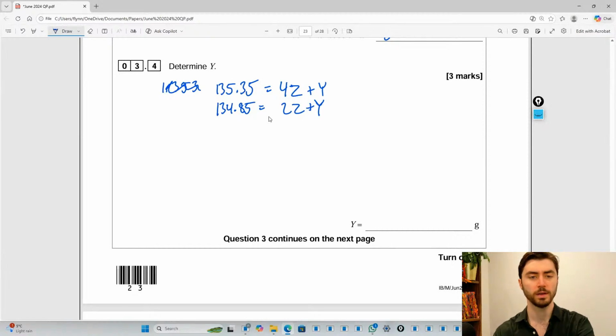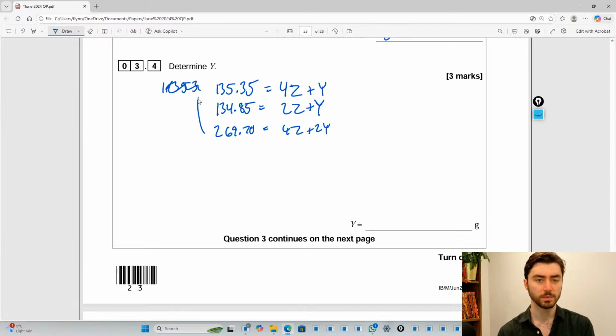Let's double up the bottom one. So 134.85 times 2 is 269.70, which is 4z plus 2y. And then you subtract these equations. So that minus 135.35 is 134.35. Or another way to consider that is that it goes down 0.5 when I subtract 2 magnets. So if I go down another 0.5, I should get rid of those 2 magnets. So the yoke is 134.35 grams.